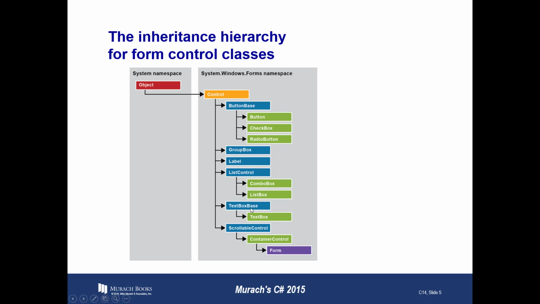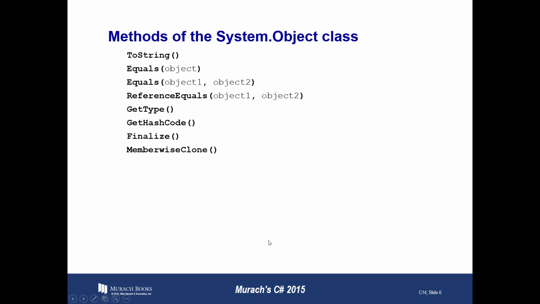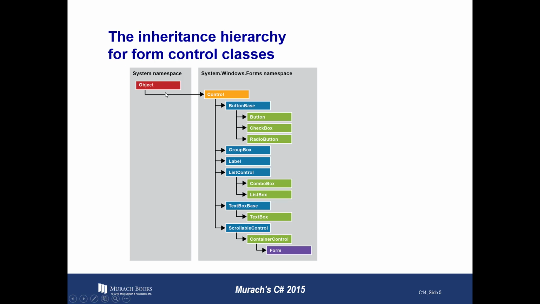Text box is a child of text box base. Container control is a child of scrollable control. And form is a child of container control. So these are things right here that you see on the screen that you automatically get. Every single class that you create inherits directly or typically indirectly from the object class.